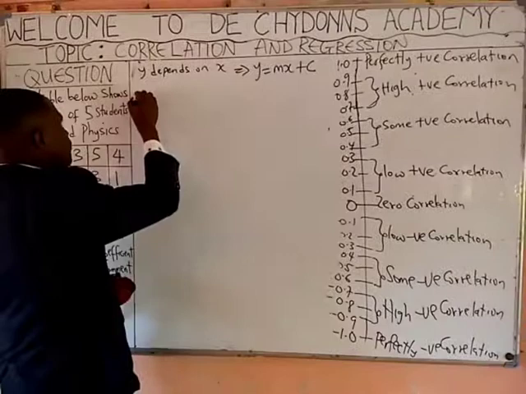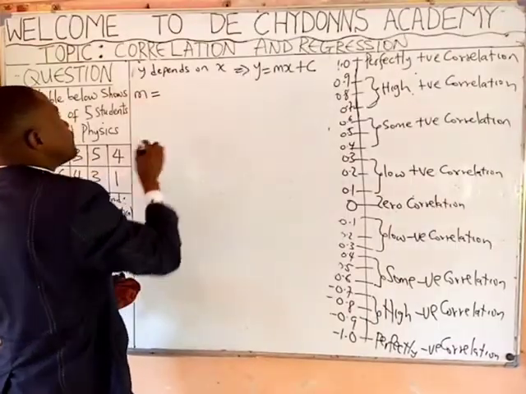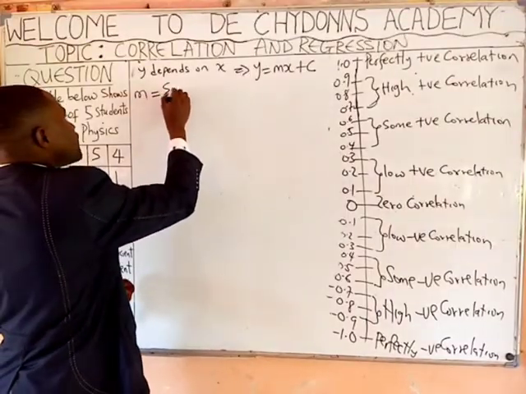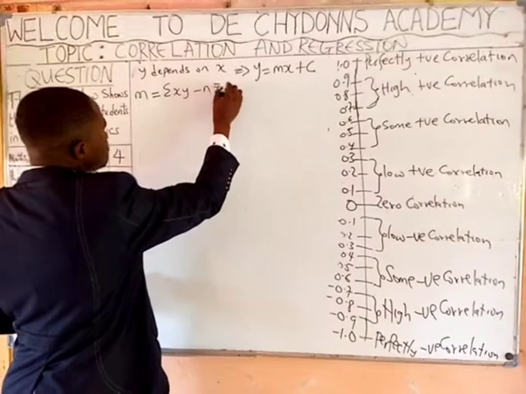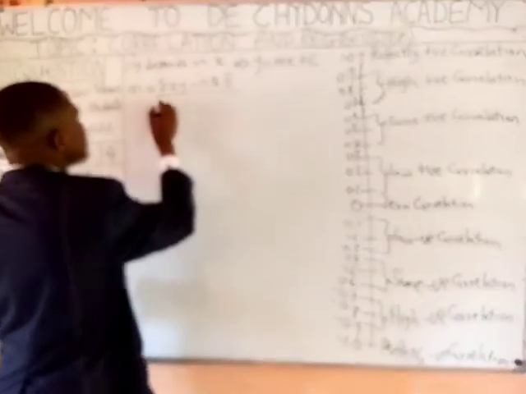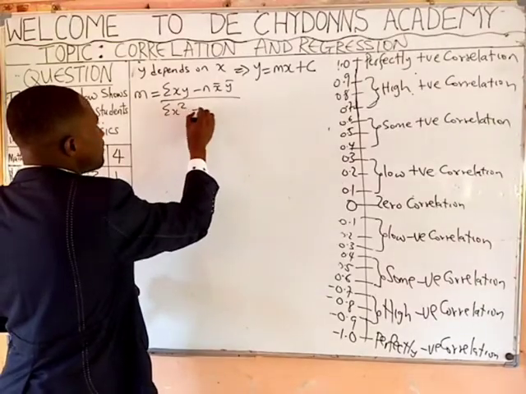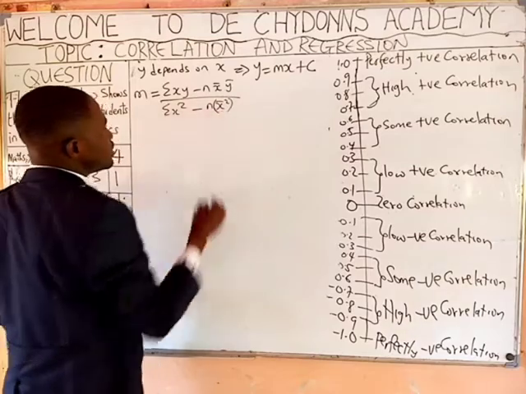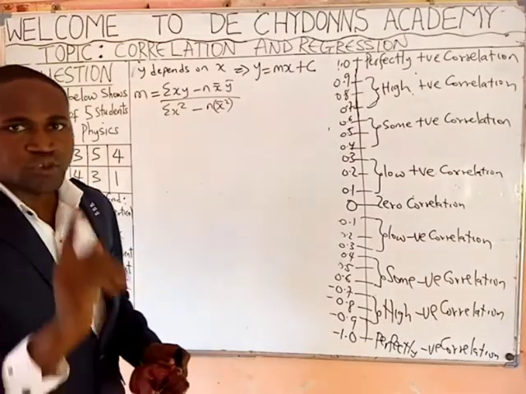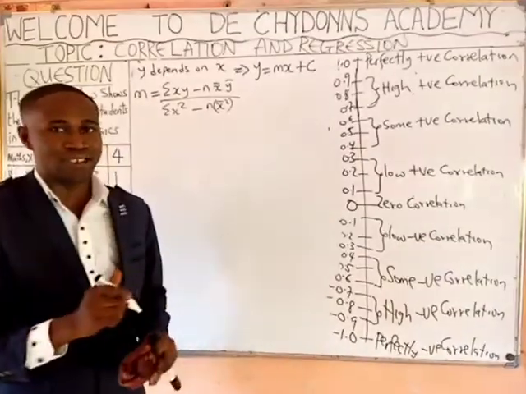Now the slope will be gotten from summation of xy minus n times mean of x times mean of y, all over summation of x squared minus n times mean of x all squared. That is to say, we just pick one of the formulas we listed.